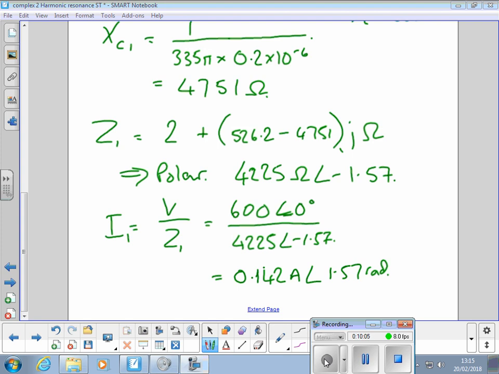So 142 milliamps would flow with that 600 volts applied. And we're assuming that that's the design current, that's the intended input voltage, a perfect sine wave where omega is 335 pi.